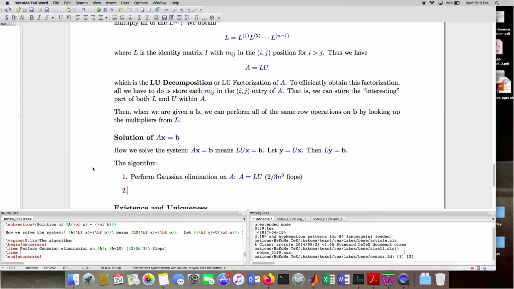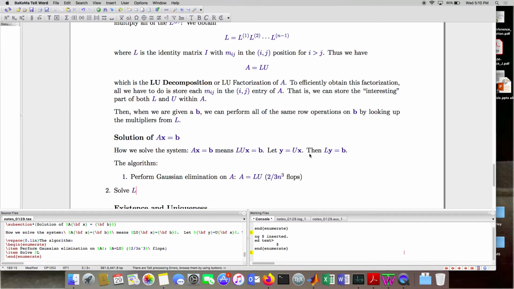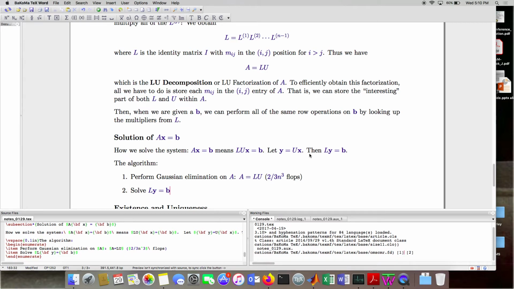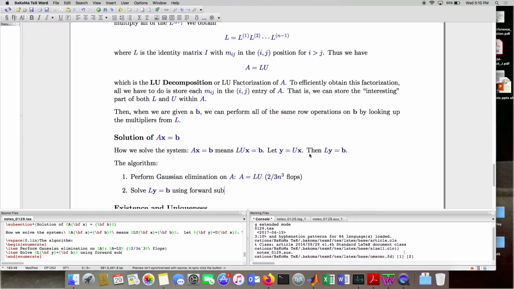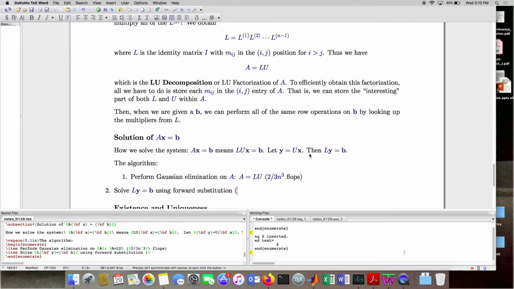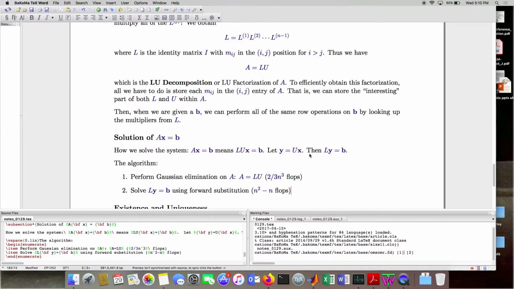And then we solve this system, LY is equal to B, using forward substitution. That takes n squared minus n operations.